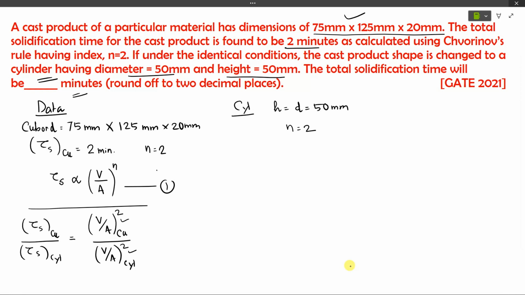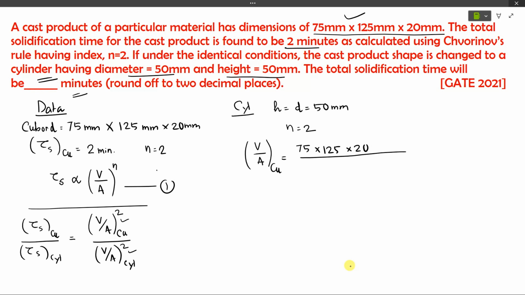So let's say volume of the casting by total surface area of heat dissipation for cuboid. The volume will be length into breadth into height, so it becomes 75 into 125 into 20. The total surface area will be 2 into (LB plus BH plus HL).